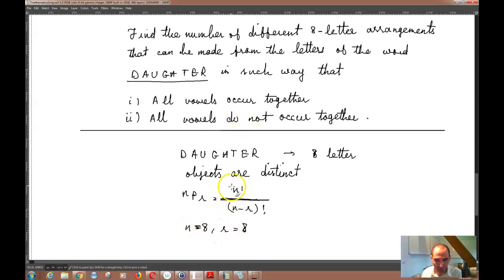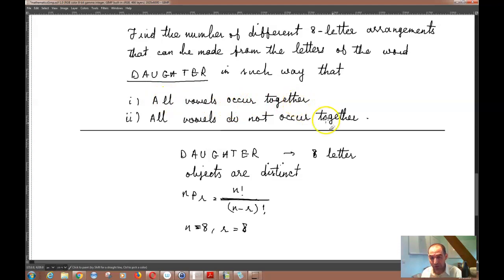I can put these values in the formula and calculate 8 permutation 8, and that way I would get all the permutations of this word. But that's not what I want to calculate. What I want is the number of different 8-letter arrangements that can be made from the letters of the word daughter, but in such a way that all vowels occur together.